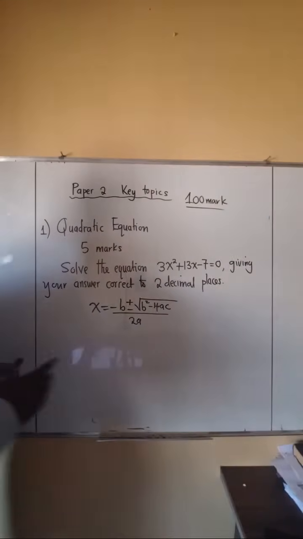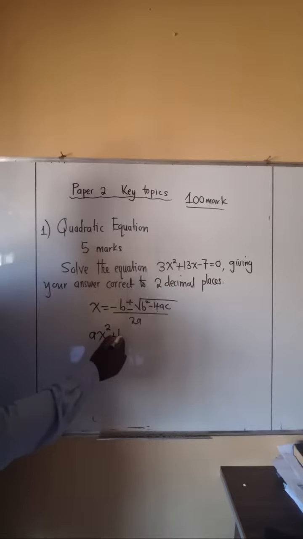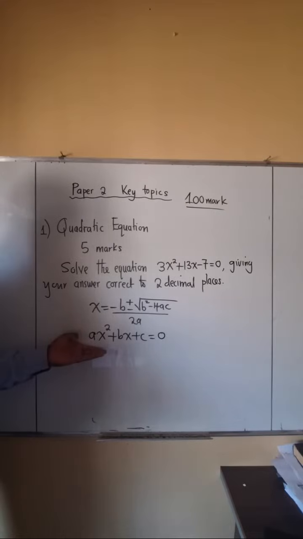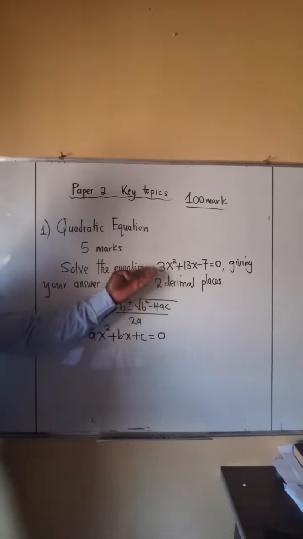Now, the standard form of the quadratic equation looks like this: ax^2 + bx + c = 0. This is the standard form. Whichever quadratic equation you are given, check whether it is written in this form. Yes, it's in this form.